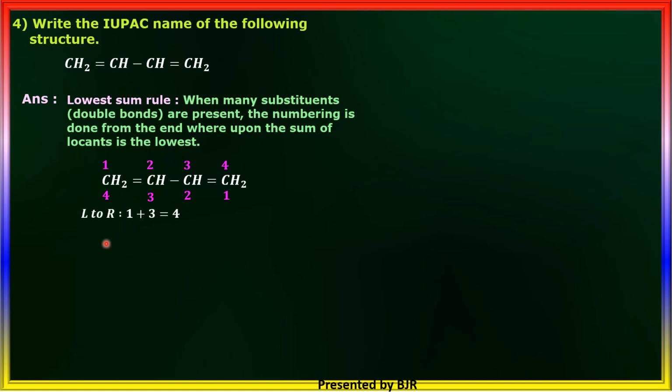From left to right, the first carbon is carrying a double bond and the third carbon is carrying a double bond. So 1 plus 3 is equal to 4. In the case of right to left numbering, 1 plus 3 equals 4. Here also, the first carbon and third carbon contain double bonds. So you can give the numbering in either way. No problem in this case.